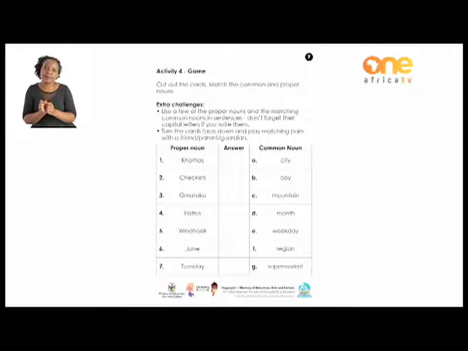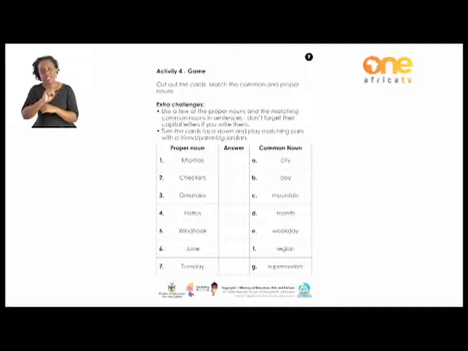And then number 2, there is checkers. Checkers is a proper noun which corresponds with G, which is supermarket. Checkers is a supermarket.